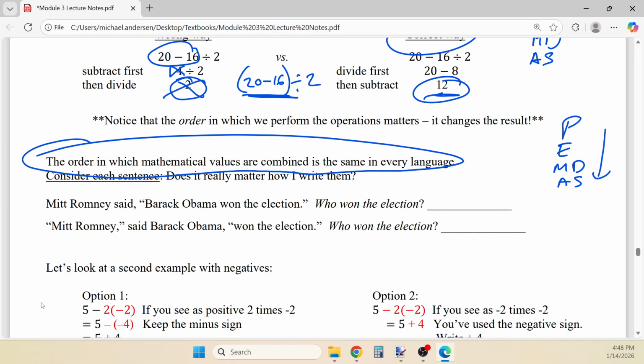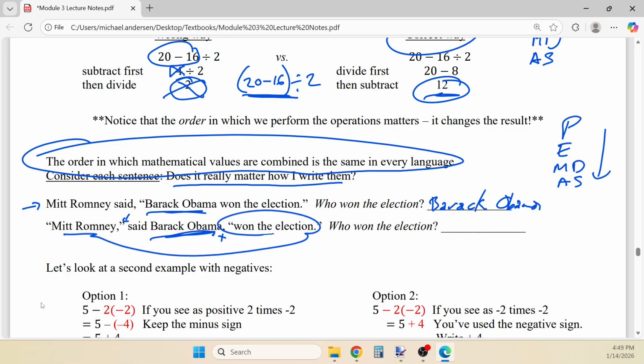Okay. Consider each sentence. Does it matter how I write them? Mitt Romney said Barack Obama won the election. In this situation, Barack wins. In this one, where all we did was move the punctuation, now it's Barack Obama saying that Mitt Romney won the election.